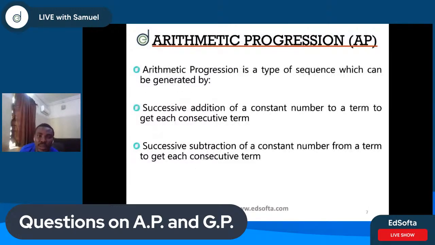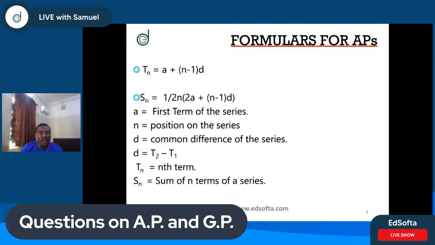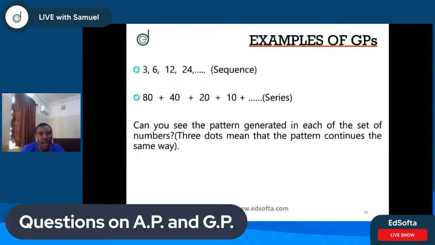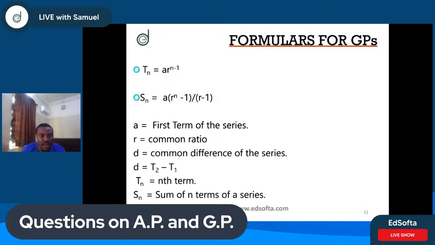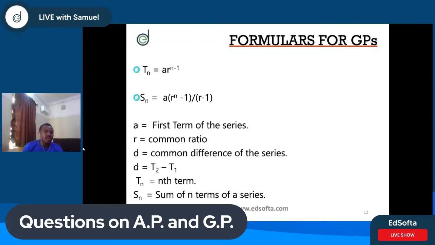We talked about arithmetic progression, how it is in a sequence and you're just adding a particular common difference between the consecutive terms. We also talked about GP, where you are multiplying or dividing between the consecutive terms. And we went through the formulas, and like I like to reiterate, every question that is on AP and GP, always make sure you go back to the formula.